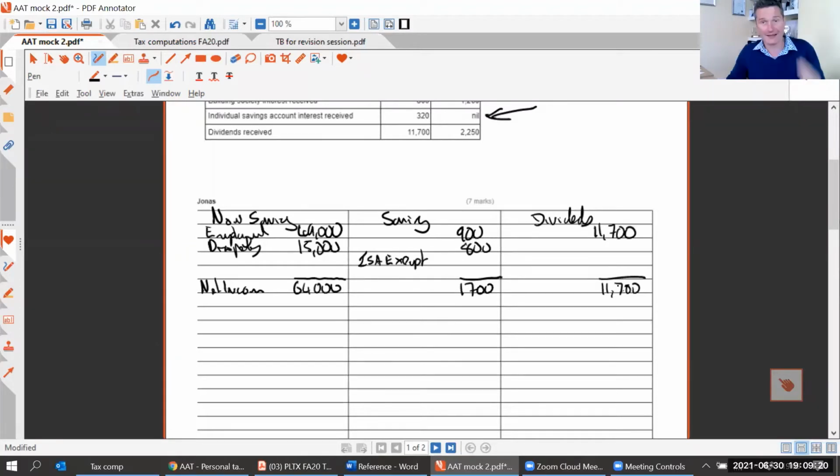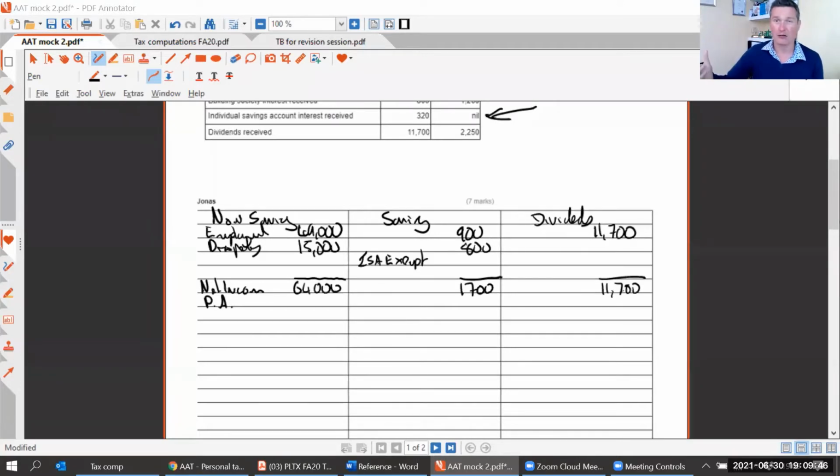People have mentioned here, but our next step is the personal allowance. So we're going to take that off. From net income, we take off the personal allowance. Because he hasn't got income over £100,000, we are not going to restrict the personal allowance. We only restrict it if the total income is above £100,000.